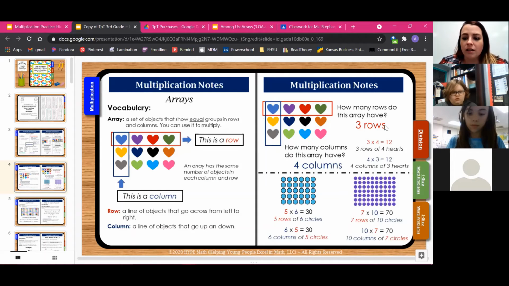Good. So how many columns does this array have, Taylor? How many columns? 4. Yeah, it has 4 columns.